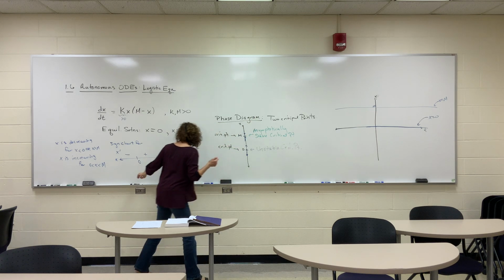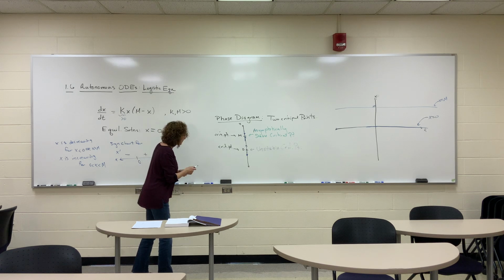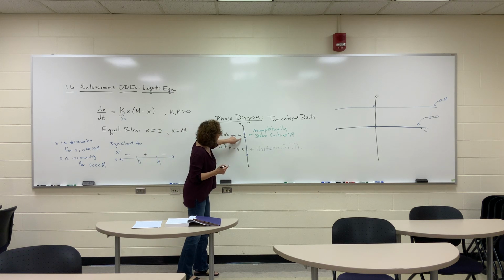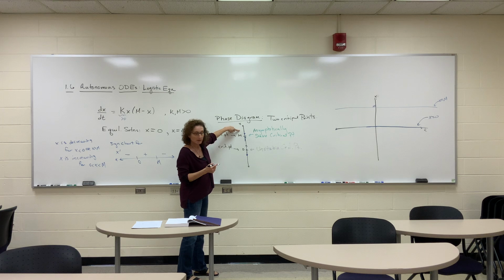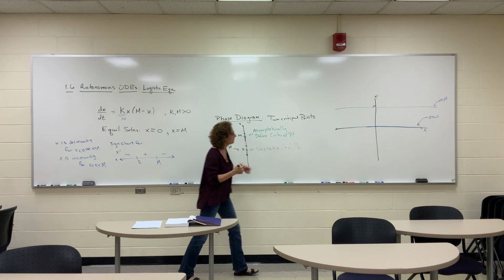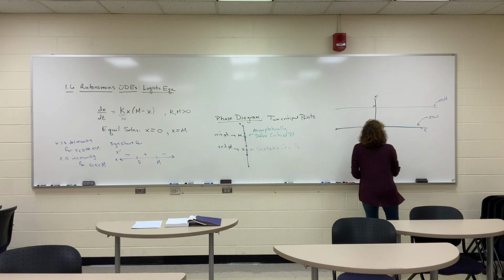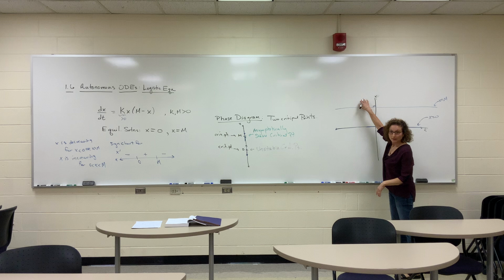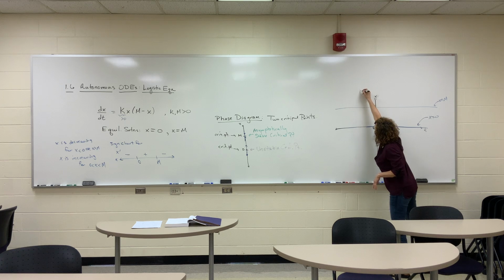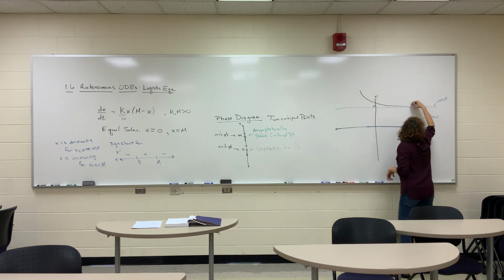So let's think about what's happening. If I'm above m, solutions are decreasing. If I'm going to approach m asymptotically stably from above, then if solutions are decreasing, they're going to have to be decreasing and concave up.